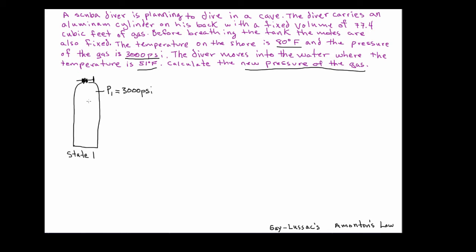of pressure in the tank on the surface before we enter the water, and the initial temperature, which I might add is inconvenient because they've given us the temperature in Fahrenheit. The reason that I structured the problem this way is because, generally speaking, in the United States anyway, usually temperatures are read in Fahrenheit.